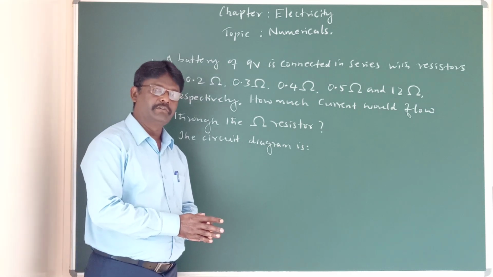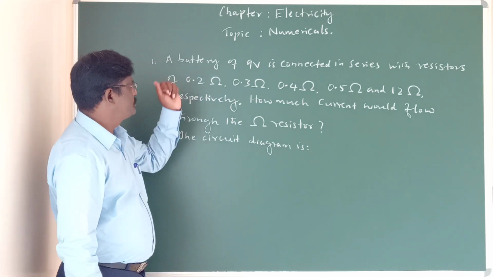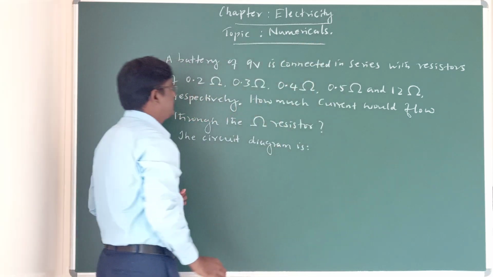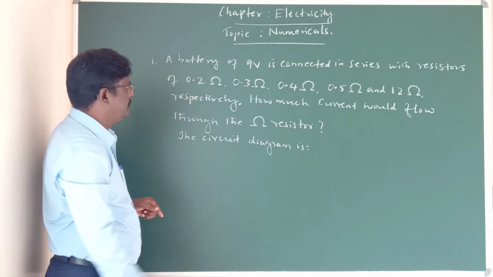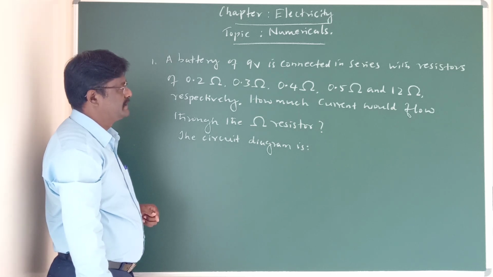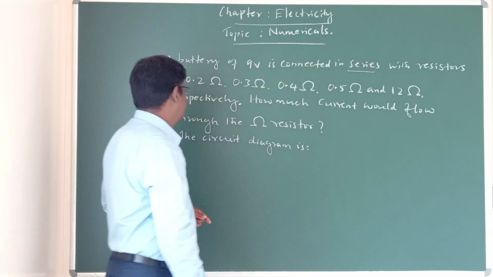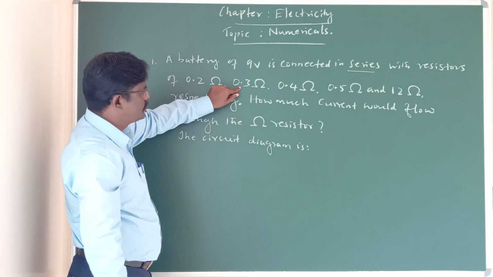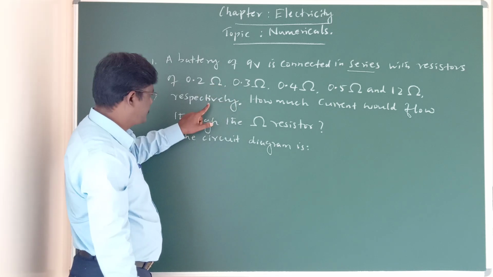In today's class, we will solve some numericals with the help of those equations. The first one is this. Chapter electricity, topic numericals. The first one: a battery of 9V, that is the potential difference, is connected in series with resistors 0.2 ohm, 0.3 ohm, 0.4 ohm, 0.5 ohm and 12 ohm respectively.